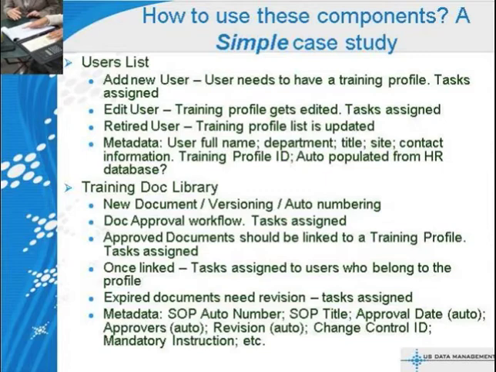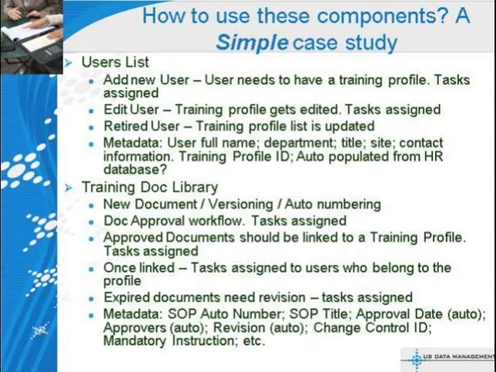When the workflow is triggered, tasks are assigned to various approvers and reviewers to perform certain activities. And if they reject it, a task needs to be assigned to the author saying, hey, this was rejected, do such and such. But if it is approved, then a task needs to be assigned to perhaps a training manager or the QA manager saying, this is a brand new document or a new version.